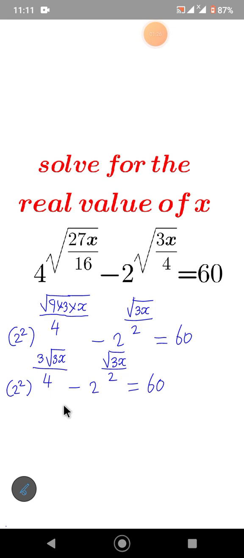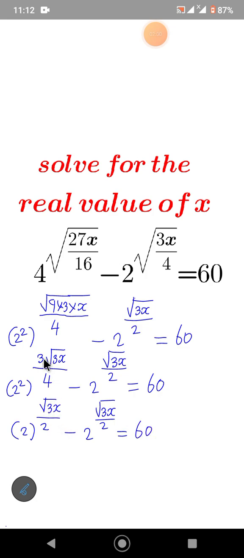Then I'm going to use this 2 to multiply the 1 over 4 that is here. So 2 multiplied by 1 over 4 gives 1 over 2. So we say 2 raised to the power of the square root of 3x all over 2, minus 2 raised to the power of 3x all over 2, all equal to 60.